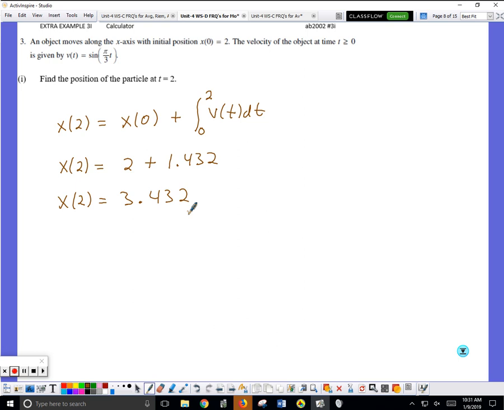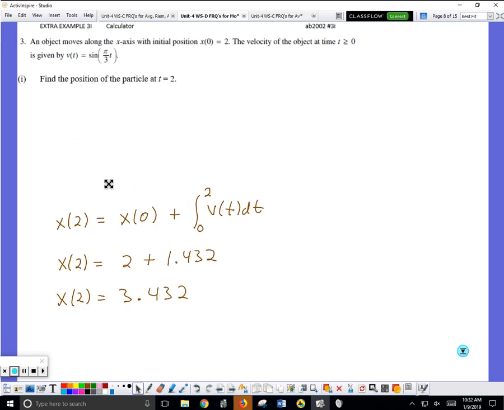Can I ask what your original equation was? Because I had the integral equals x of 2 minus x of 0. Is that wrong? That's right. I'm confused on the algebra.